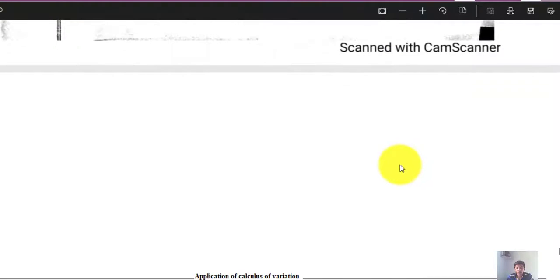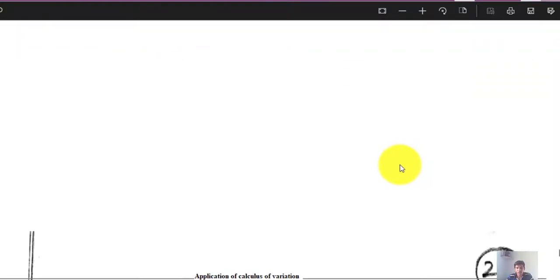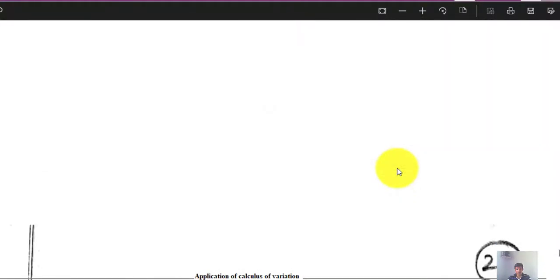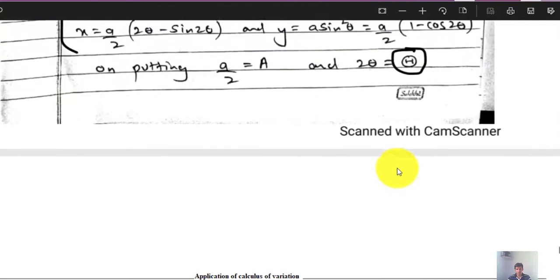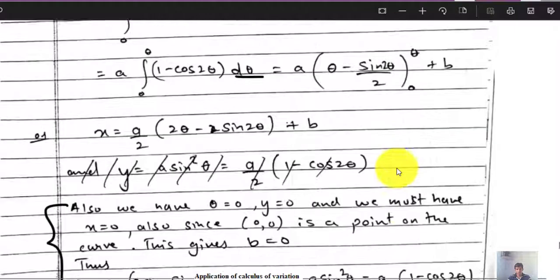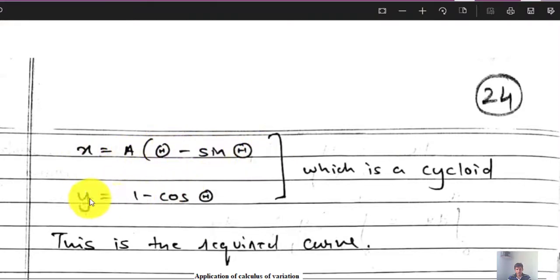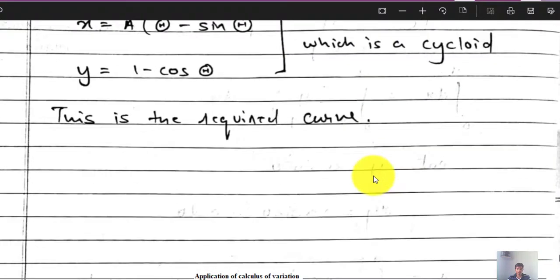Therefore we'll get an equation x equal to a times theta minus sine theta, and y equal to a times 1 minus cos theta, which is a cycloid. Thus this is the required curve.